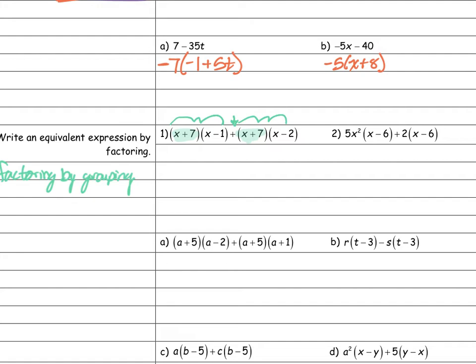Even though there are plus and minus signs inside the parentheses, that doesn't make each individual part its own term. The parenthesis defines one term. So this is one expression, and then it's multiplied by another expression.